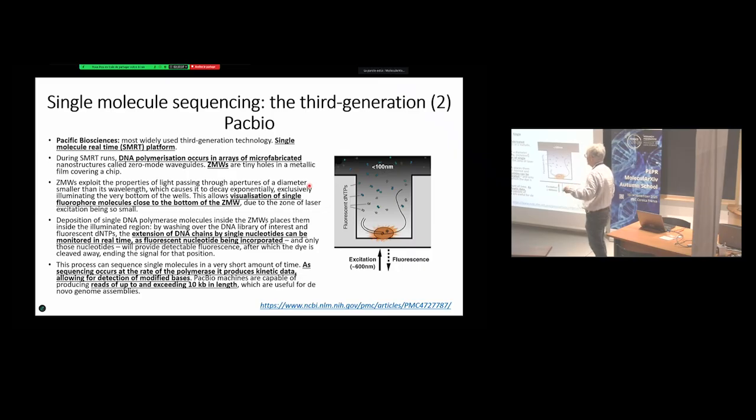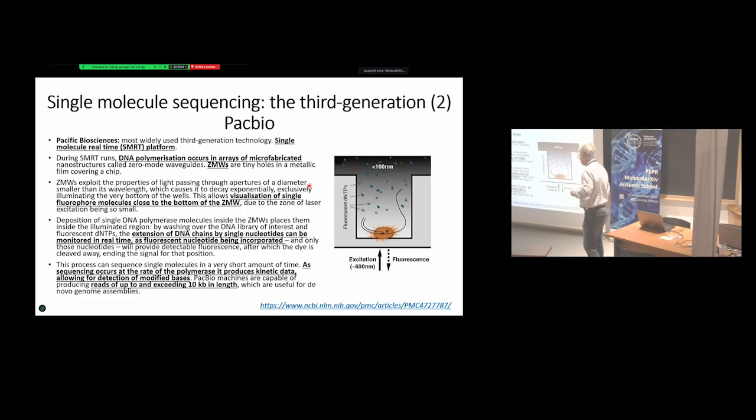And so if you have a DNA polymerase inside the well, you can get the extension of DNA chains and the incorporation of fluorescent nucleotide that is monitored directly and only specific to this bottom of the well.